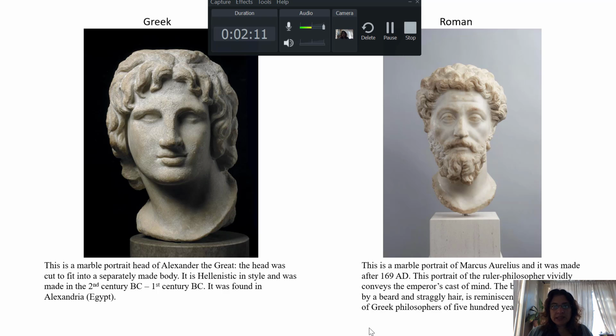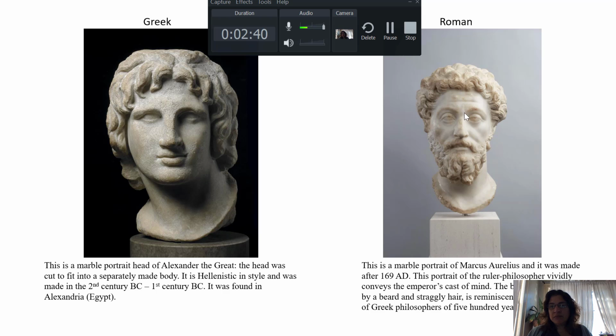So let's look at these now just for what they are, regardless of this little bit of history here. We have what we call a bust, which is the head and here just a little of the neck. Sometimes it's lower into the shoulders. We have two images made out of marble, and at one point they were most likely painted, but in their current state they're not painted and they're white.